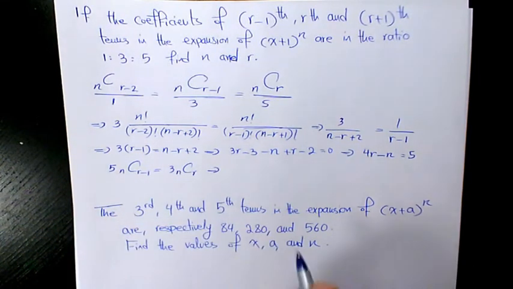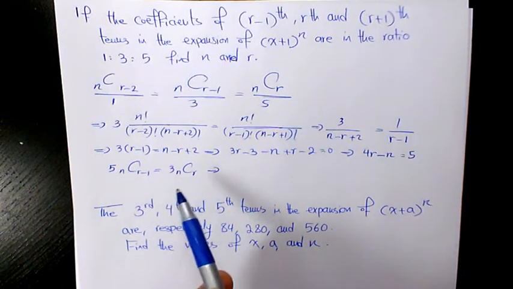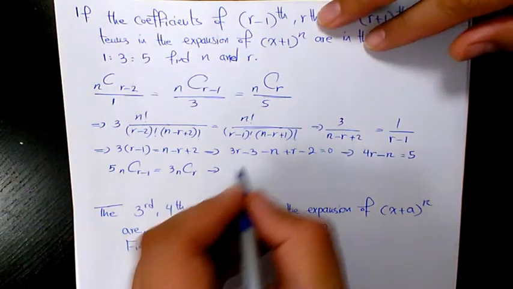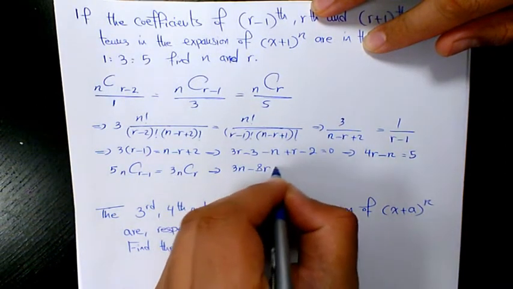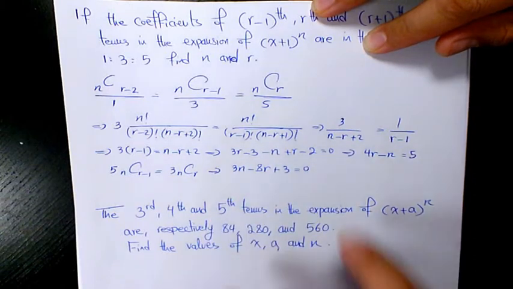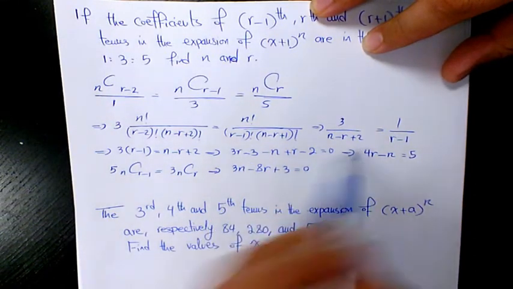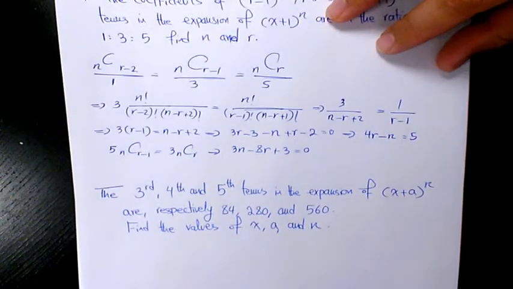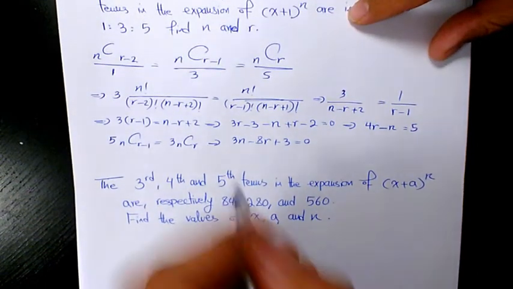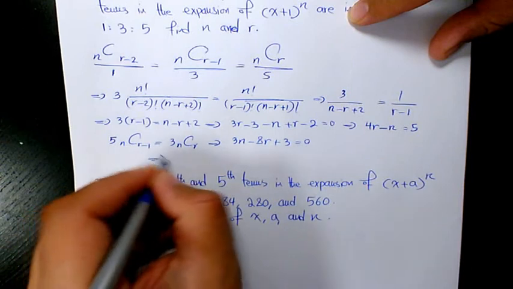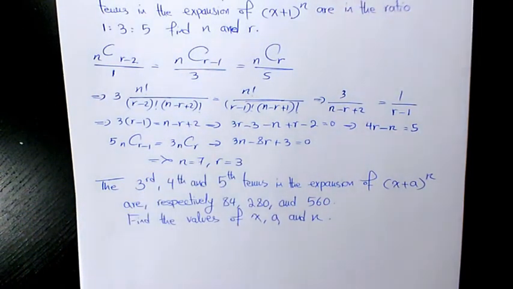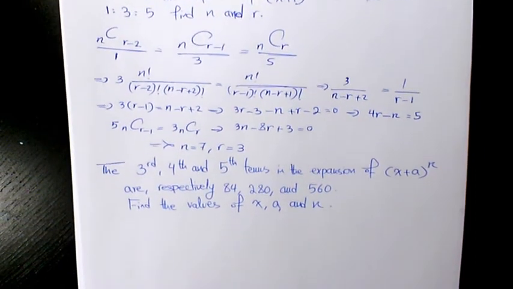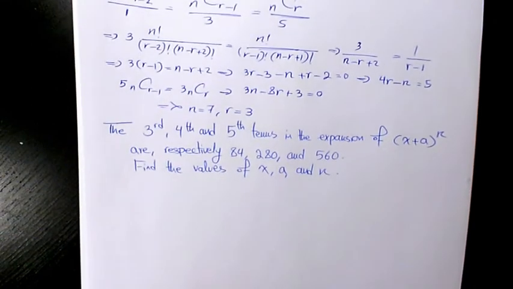Therefore, you can conclude it if you simplify it and do this cross multiplication. You're going to have 3n minus 8r plus 3 equals 0. Then based on that, you can do simultaneous calculation of linear system. So if you do that, n will be 7, r will be 3. You can use elimination or you can use substitution method in order to find n and r.